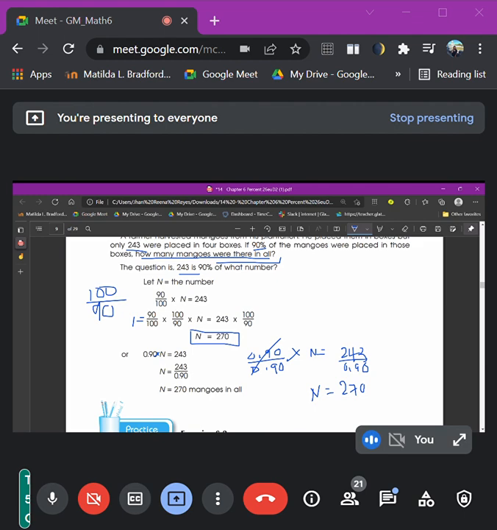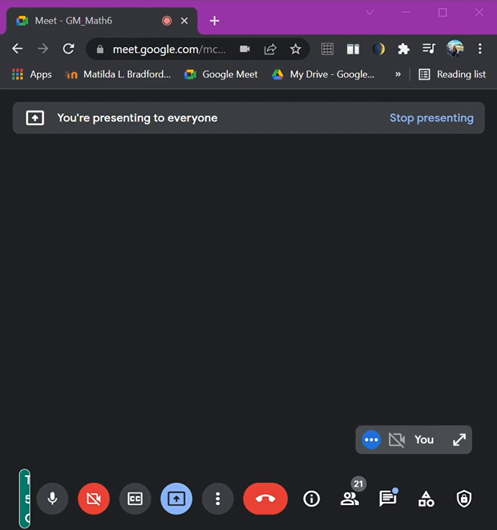Okay. So, those are the 3 applications of our percent. Okay? We have here the first one, finding the percent of a number. Next is finding what percent one number is of another, and finding a number when a percent of it is known.